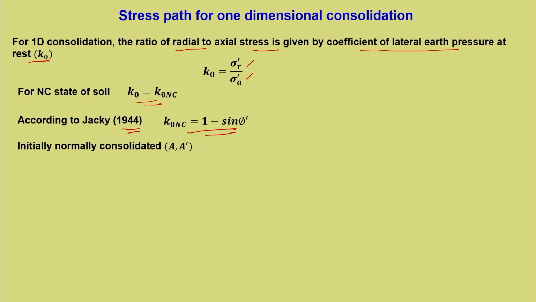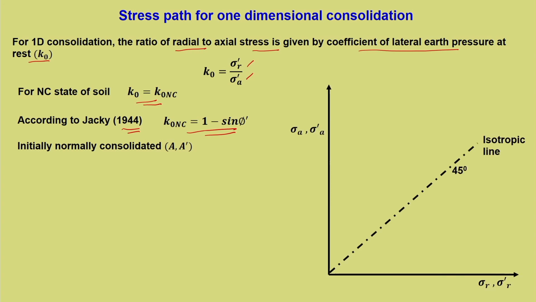Now, let us get on to the stress path. So, what change will it have? Now, this is an isotropic consolidation line. Initially our point was located here. Now, what will be the change in A dash? Should we plot it here? No, because it is governed by this ratio K naught NC rather.